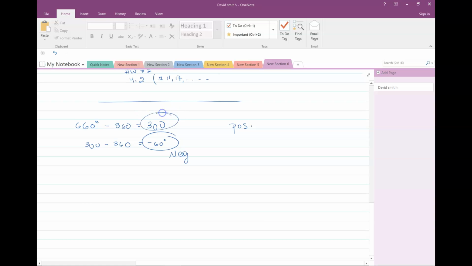So this one can be used as a positive coterminal angle, even though you're subtracting. Or if you see it first, and you're like, oh, look at that, I'm going to get a positive one on my way to the negative one, I'll just start with this, and here's my positive.